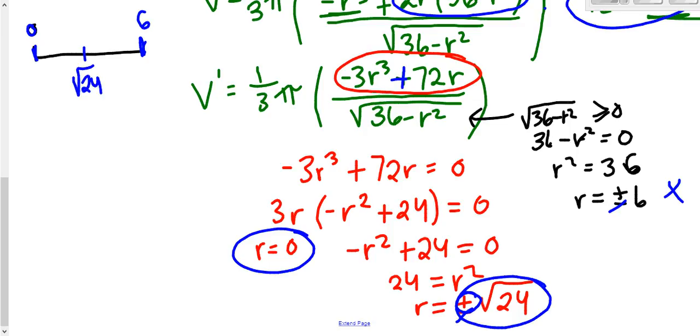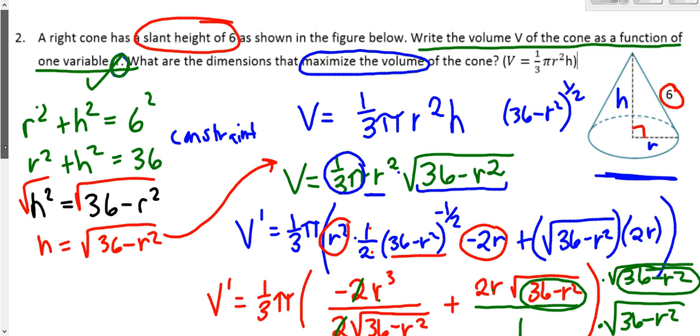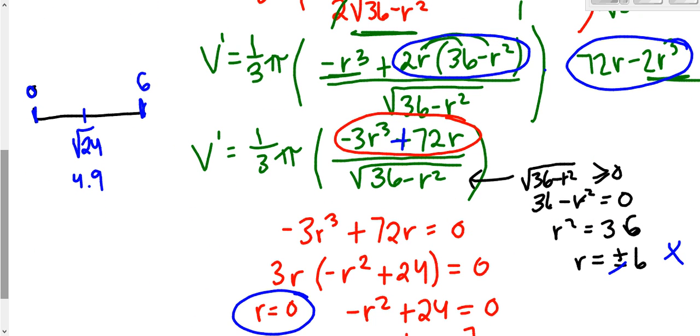So the only number that I'm looking at is the positive square root of 24, which, by the way, is about 4.9-ish. So we need to figure out if this is a maximum, and we are looking for a maximum for the volume. So let's check some numbers. Smaller than 4.9, we can check 1. Larger than 4.9, we can check 5. When you plug in 1 to the derivative, use your calculator, you will get a positive.